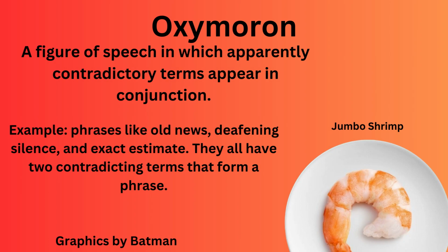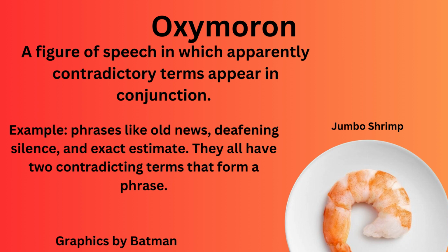Moving on, we have oxymorons, a figure of speech in which apparently contradictory terms appear in conjunction. An example of that is something like old news, deafening silence, an exact estimate. Those words on their own have opposing meanings, but when put together have a new meaning.